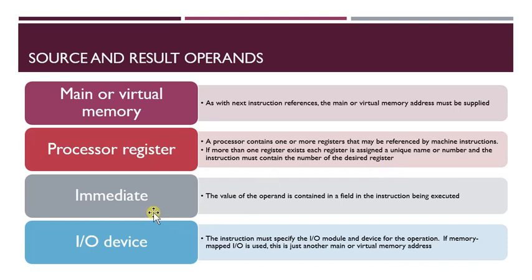The next one is the immediate category. In this category, the value of the operand is contained in a field in the instruction being executed. This is the difference from main or virtual memory and processor register. In the immediate category, the operand is inside the instruction.